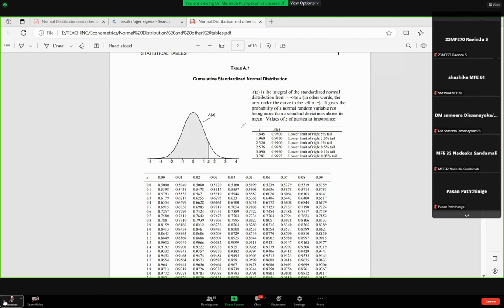Let's say as an example, if I say the z value is 0, what is the probability that Z is greater than 0? How to find this? You can see 0 is here.